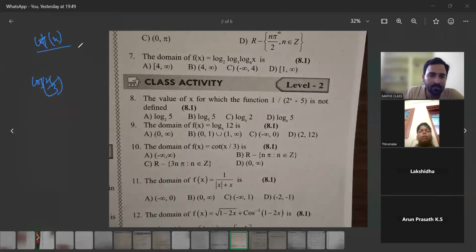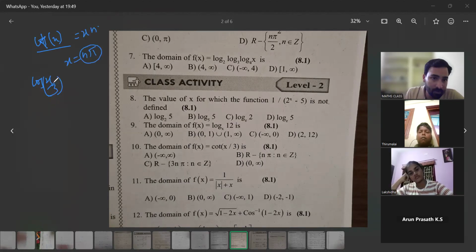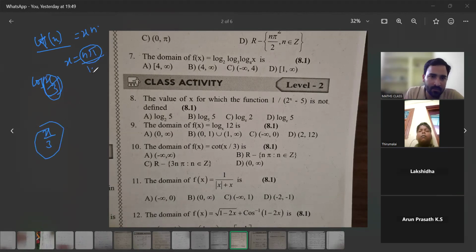Cot x is not defined at x equals n pi. So whatever values of x are given, here x by 3 is given, so we have to divide these values by 1 by 3.